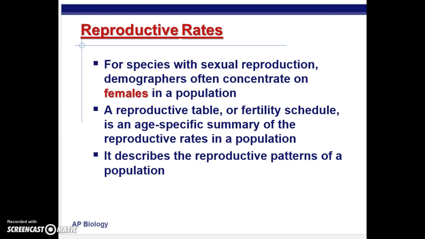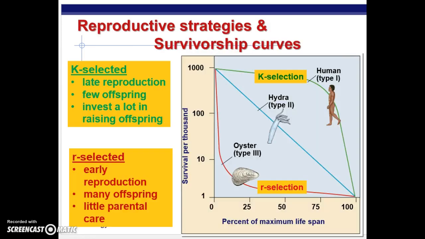This is because they're looking at the reproductive rates, or fertility schedule, an age-specific summary of the reproductive rate of the population. So why is this important? Well, it's very closely related to the survivorship curves that we looked at before, and I kind of hinted at that as I was describing our different types.